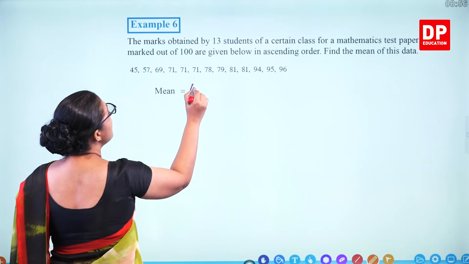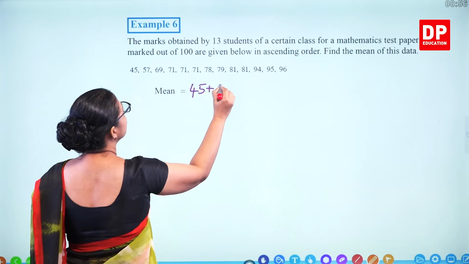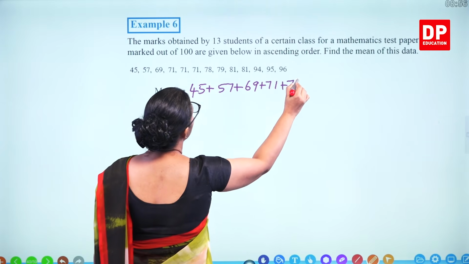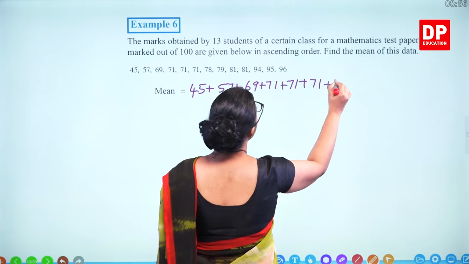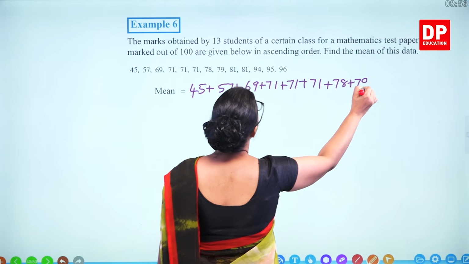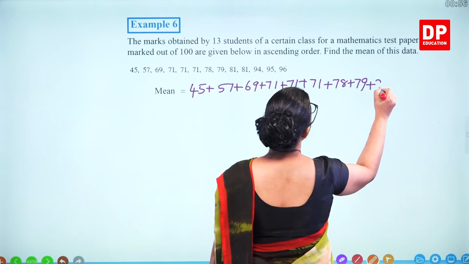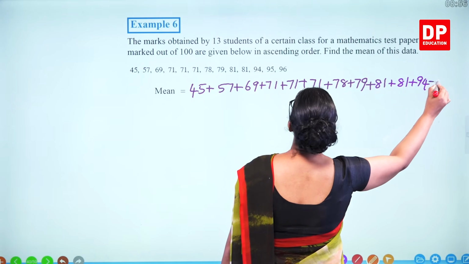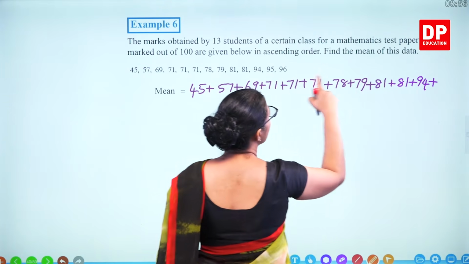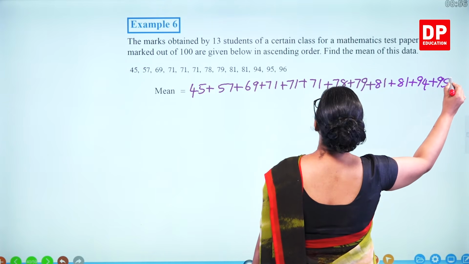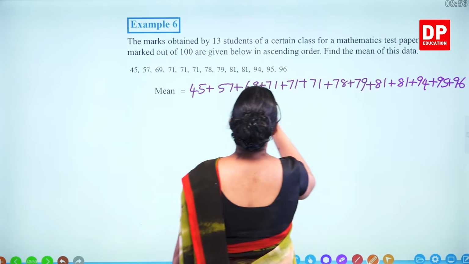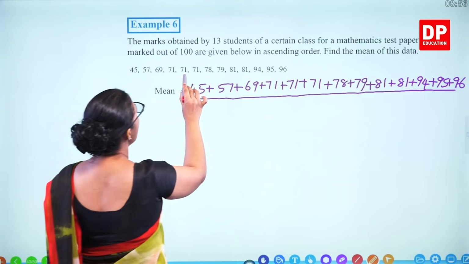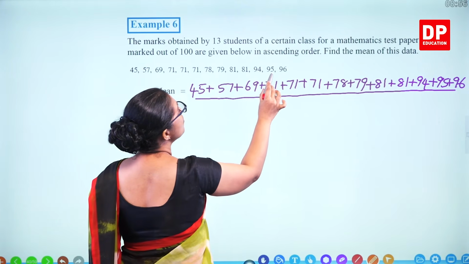You add all the values and divide by the number of terms. 1, 2, 3, 4, 5, 6, 7, 8, 9, 10, 11, 12, 13.